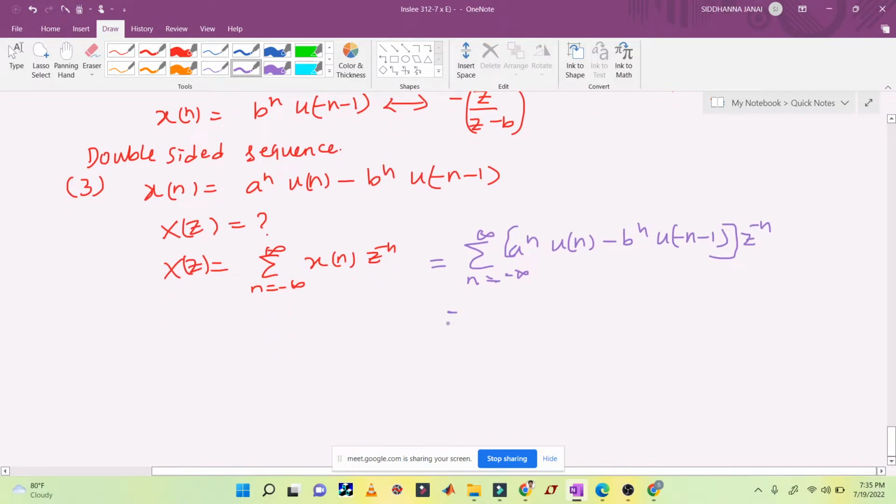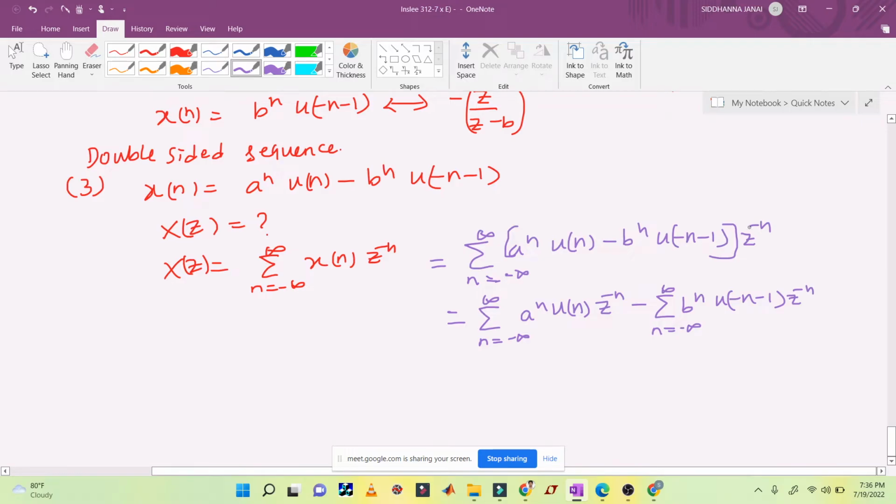Now individually, after separating the brackets, what I can get is the summation from n equals minus infinity to plus infinity of a power n u of n z power minus n, minus the summation of b power n u of minus n minus 1 z power minus n, n from minus infinity to plus infinity.